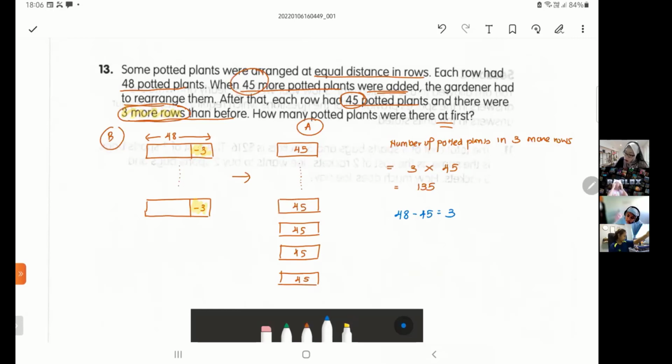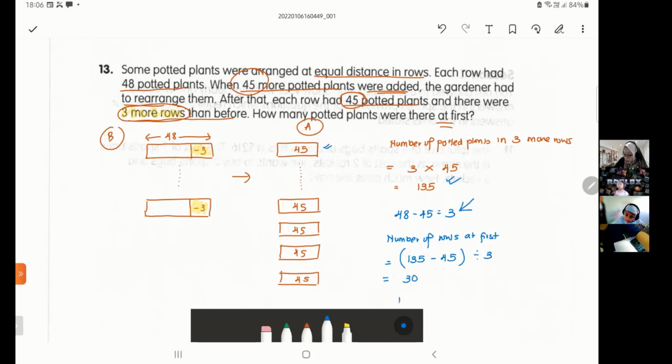Okay, so the number of rows at first. I'm finding the rows first. You take your 135, which is this one, you take away your 45, which is this one, and then you divide it by the 3, the difference, equals to 30.